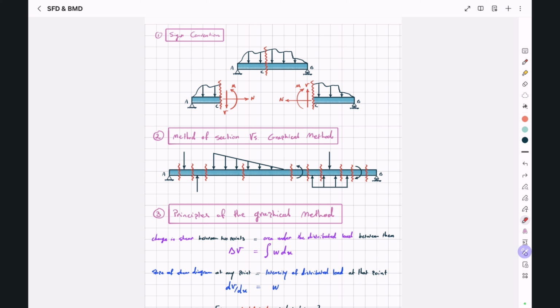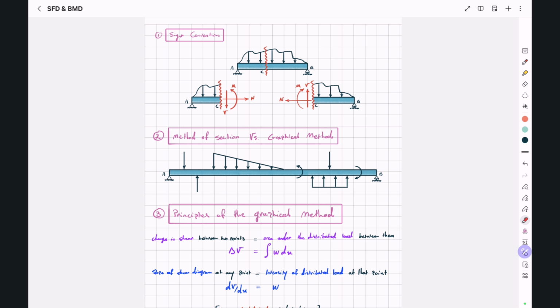Alright, now let's talk about why the graphical method makes our lives easier sometimes. If you consider this simply supported beam, we have a pin support at the left end, and we have a roller support at the right end, and we have different types of loadings applied to this beam, including concentrated loads, concentrated moments, triangular load, and rectangular load.